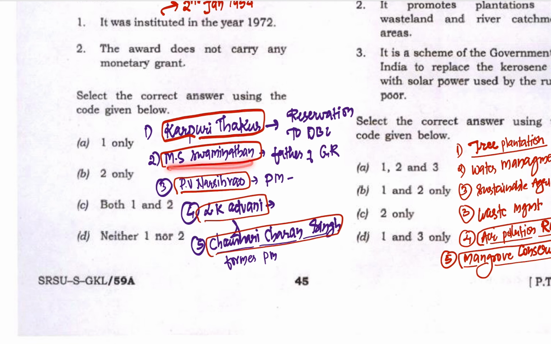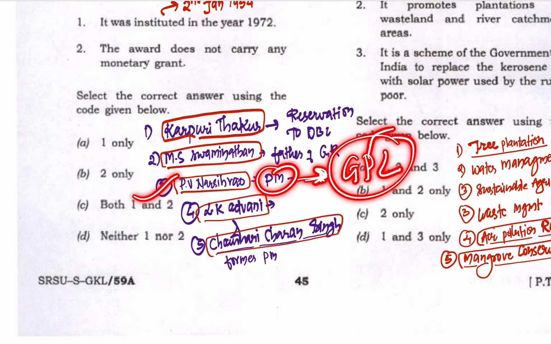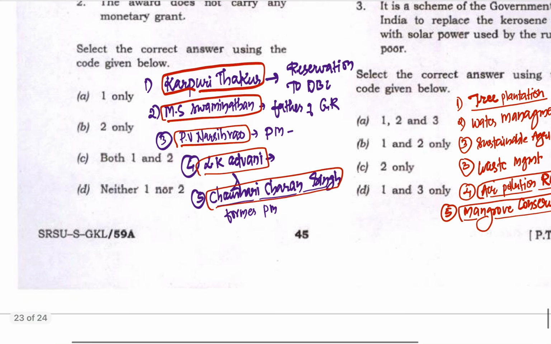Then we have MS Swaminathan, who was also called the father of the Green Revolution. Then we have P.V. Narasimha Rao, who initiated the LPG reforms: liberalization, privatization and globalization. And we have Chaudhary Charan Singh and Lal Krishna Advani. So these are the 5 people who received the Bharat Ratna this year.